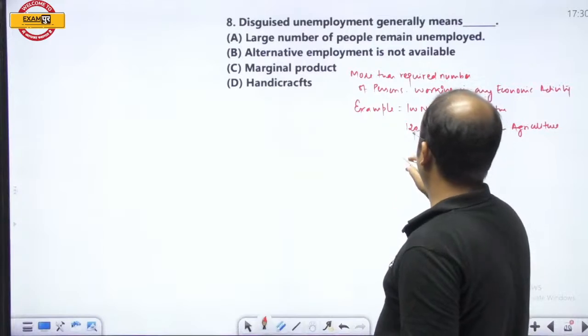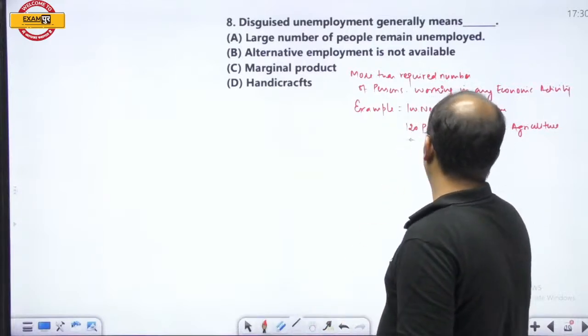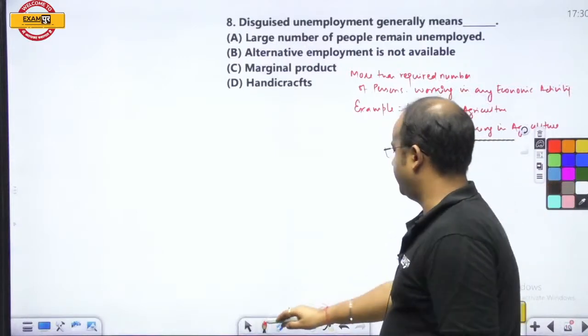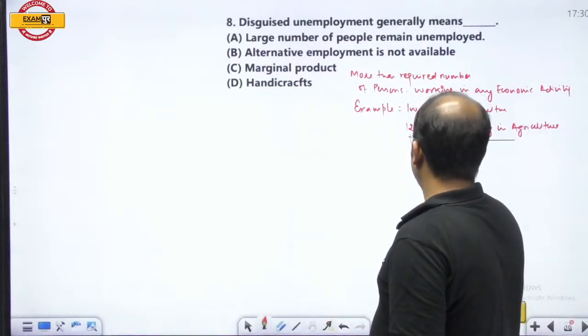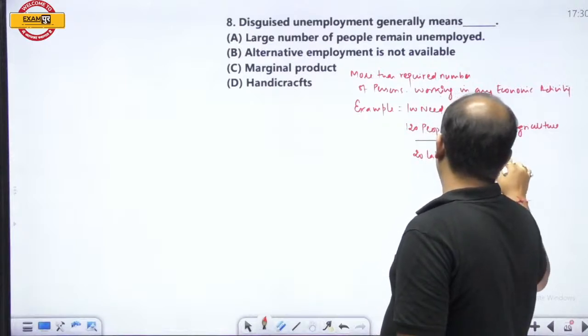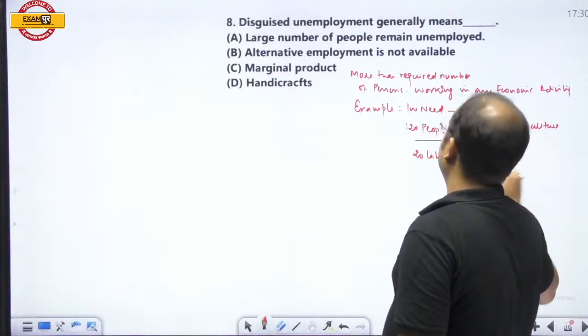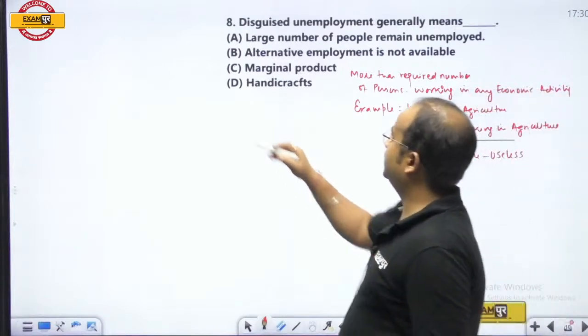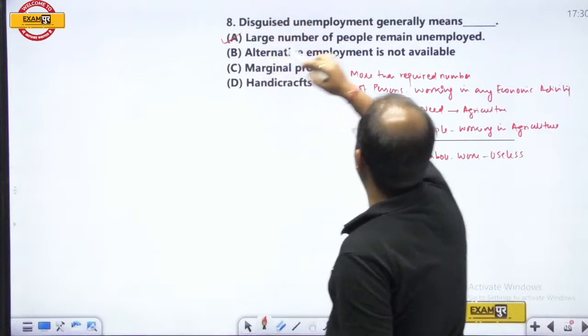So the work of those 20 laborers is not defined, it becomes useless. So the correct answer will be, guys, this option.